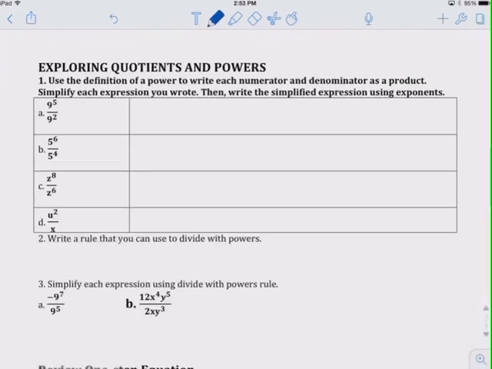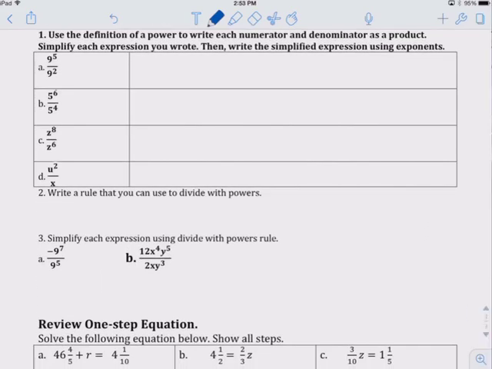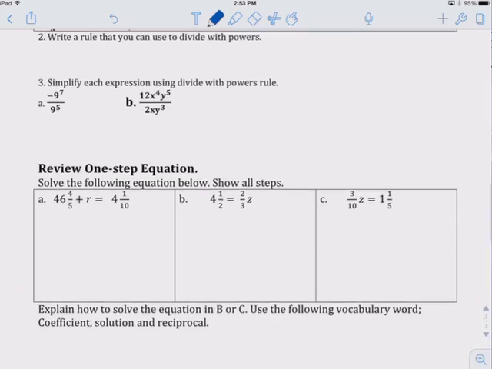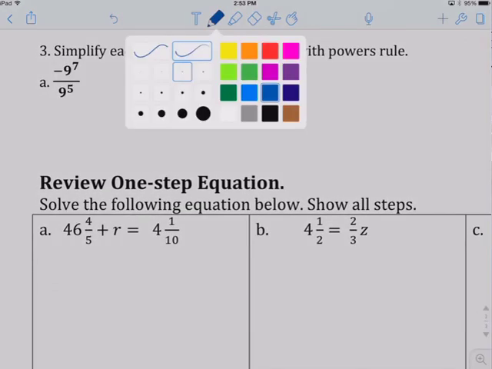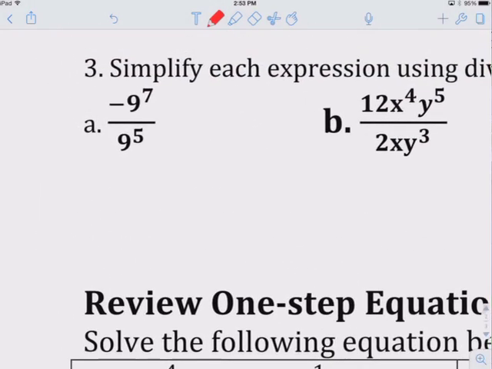At the back? Yeah, we didn't do 3 and below that. Number 3, remember, has the invisible 1 here. So that really means negative 1 times how many 9s? 7 of them. Do you want to write 7 of them and then write 5 on the bottom and cross them out?